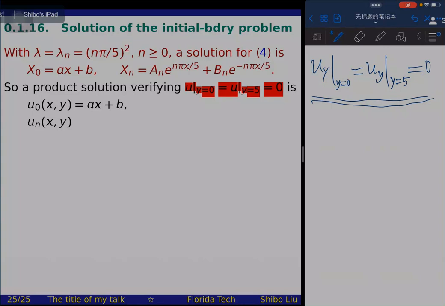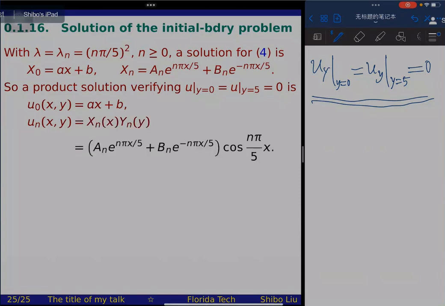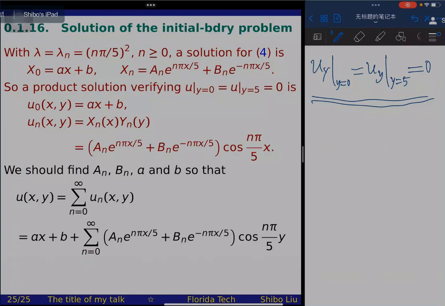So u0 is just ax plus b. It's just X0 because Y0 is 1. And the un is Xn times Yn. Xn is given here, a linear combination of exponentials, and Yn is cosine. Therefore, this is un. So we should find suitable capital An and Bn and the small a, b, so that the sum of all these un, including u0, gives us the solution of our problem.